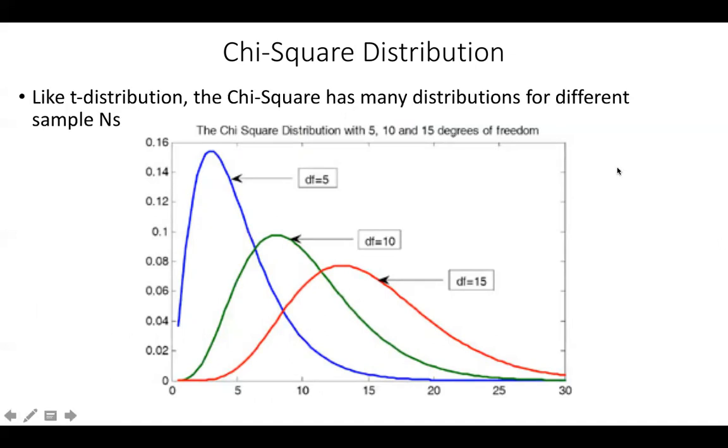Okay, so there are many different chi-square distributions for many different sample sizes, or for how many different categories we have across our independent and dependent variables. And this will be really important as we start to use our chi-square lookup table, because we're going to have to figure out what type of degrees of freedom we're using.